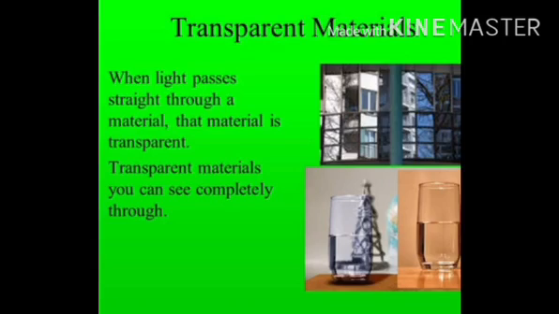We are able to see through air, through water. If we put water in a glass, the other side is visible to us. Another transparent material is window glass. We are able to see through the glass.